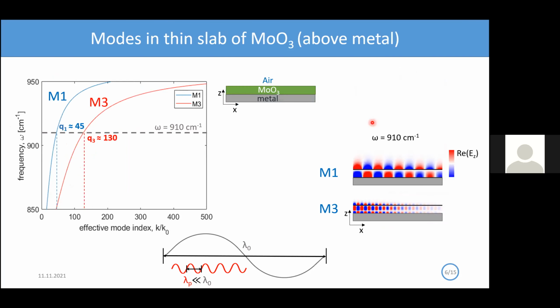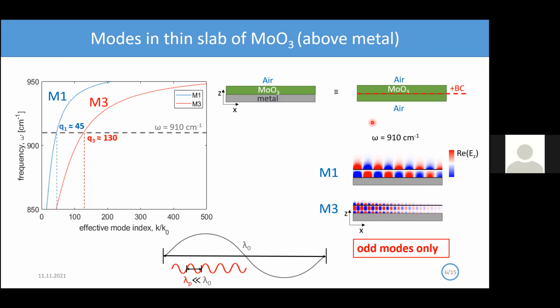On the other hand, if we put our flake on a metal slab, the modes will change. It's because the metal has a mirror effect and the thickness of the flake effectively doubles. Because of this, for example, the M1 mode will be much longer than the same mode in the area above air.